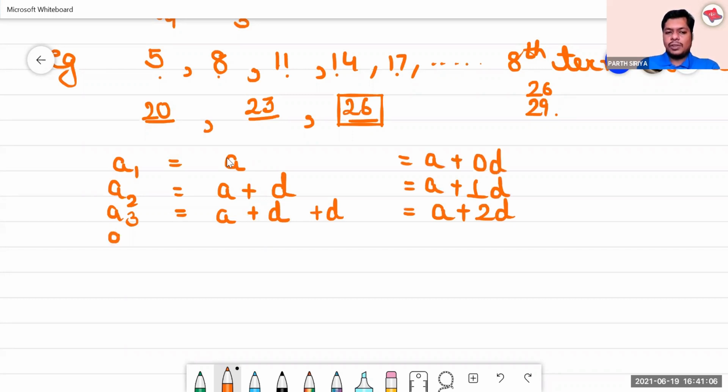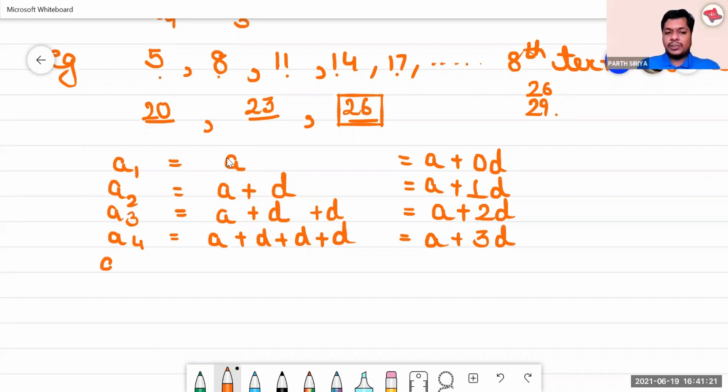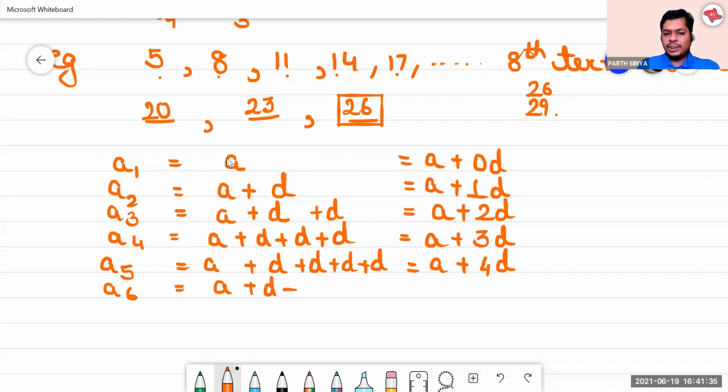Okay, what about this? इसमें फोर्थ टर्म में एक और बार हम D ऐड करेंगे. So how many times we are adding D? 3D. ठीक है? A and 3D. Okay. फिफ्थ टर्म में क्या होगा? One more D will be added. Already 3 तो थे, तो हम एक फोर्थ D ऐड कर देंगे. So it will be A plus 4D. अगर सिक्स्थ टर्म हुआ तो it would be A plus D plus D plus D plus D plus D. हर बार एक एक D ऐड होते जा रहा है.